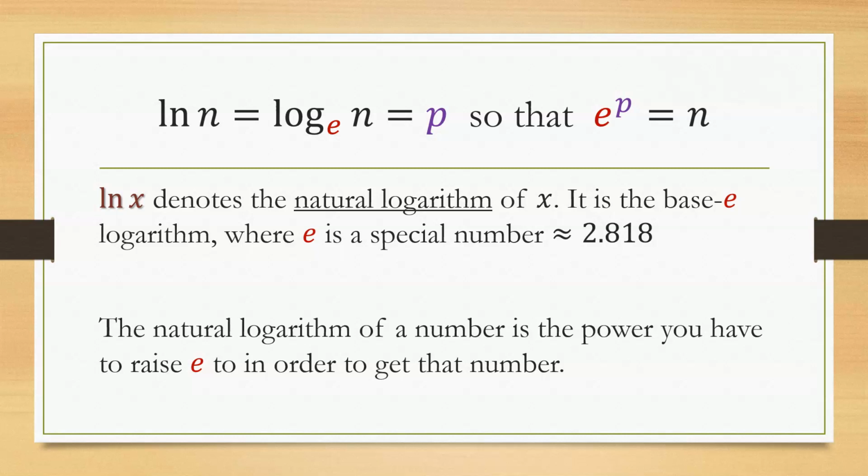So the natural logarithm of a number, the base e log of that number, or the ln of that number, is the power that you have to raise e, that is 2.818 and so on, to, in order to get that number. Now, why do we use this base for logarithms? Well, this is something that comes up a lot in higher math, like calculus and above.